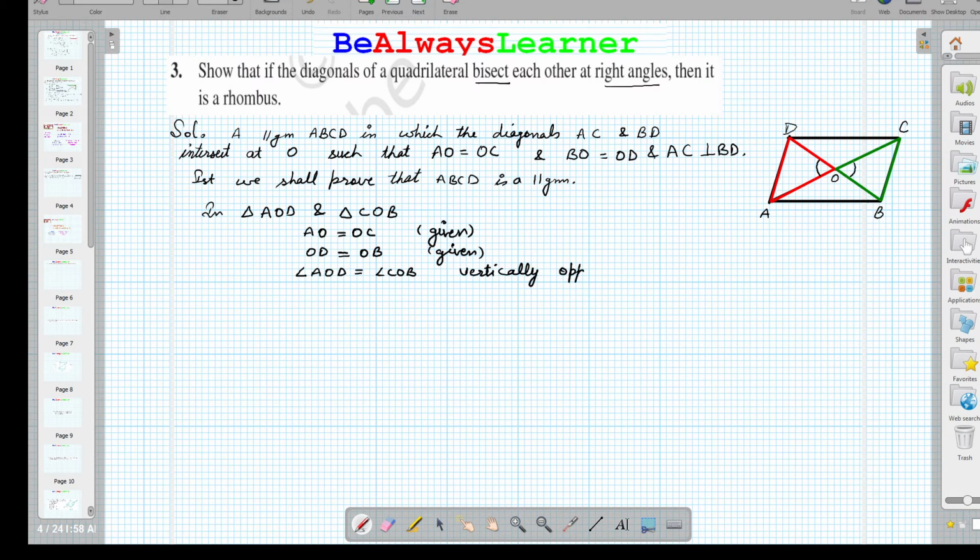So this will give us SAS criteria, side angle side.